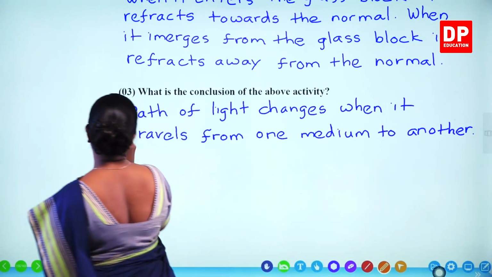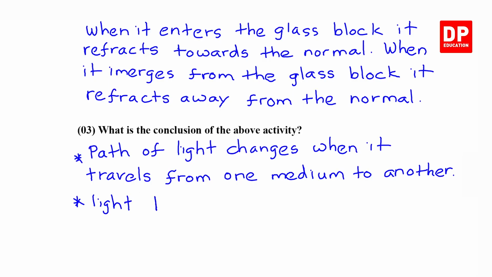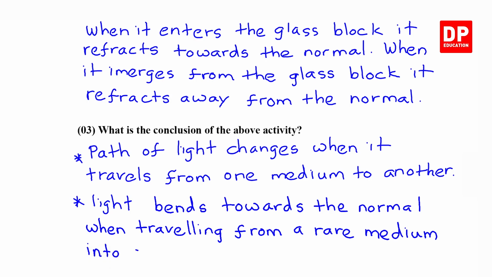That is one. Then the second one, light bends towards the normal when traveling from a rare medium into a denser medium.